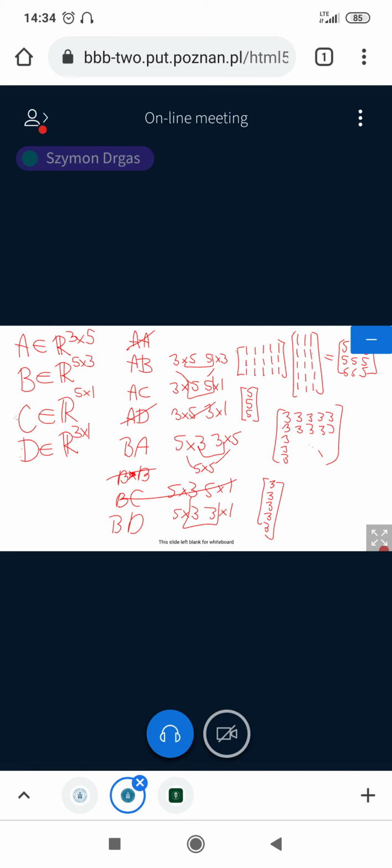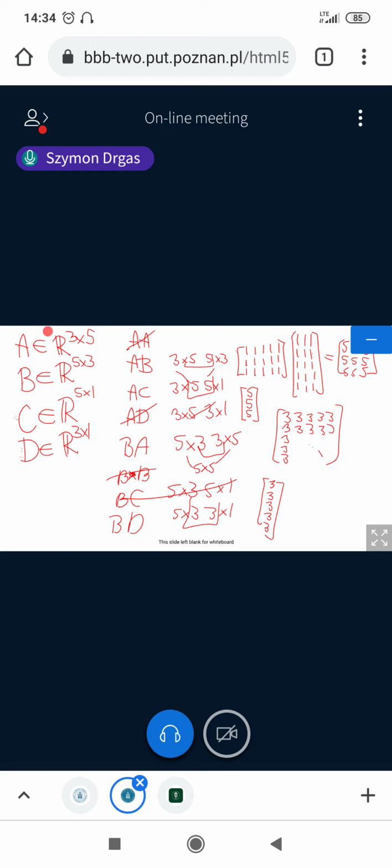Then we have D times B. So yes, I think that we've done all these operations that are allowed here.